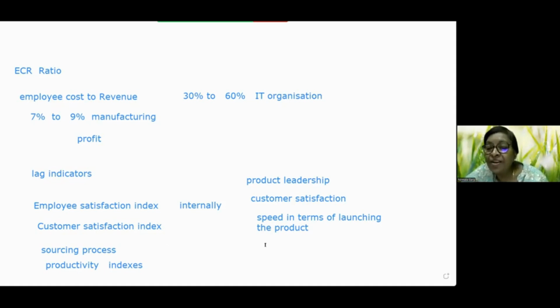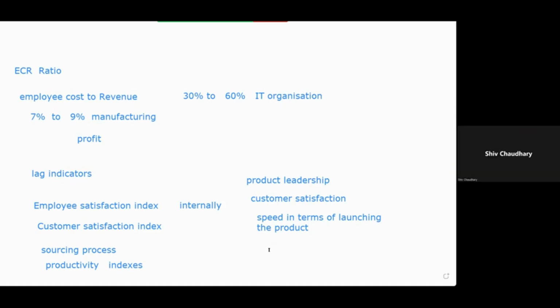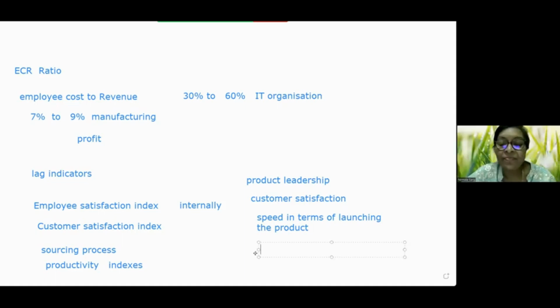But here, price is not a criterion at all, because you are saying, hey, I'm giving you that fantastic feature nobody else can do, so you're going to pay for it. Efficiency is one of the criteria, absolutely.